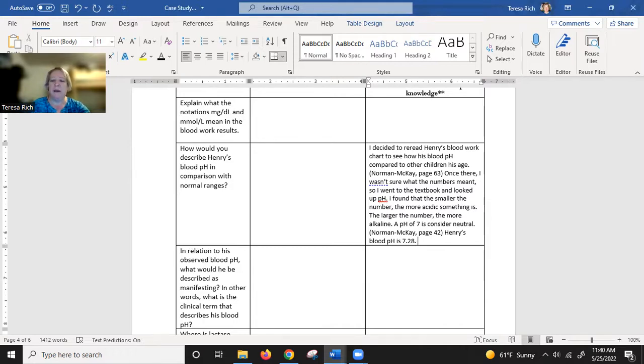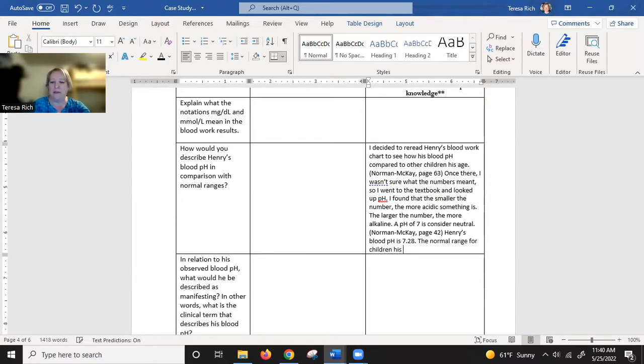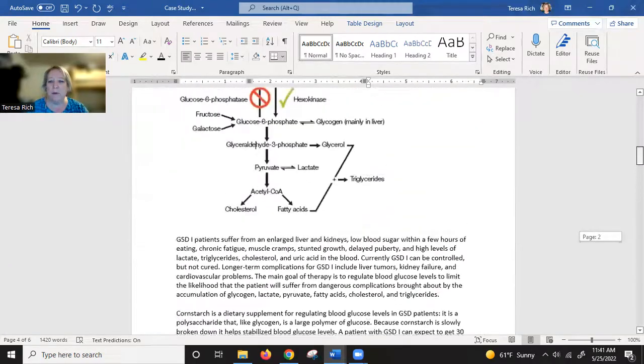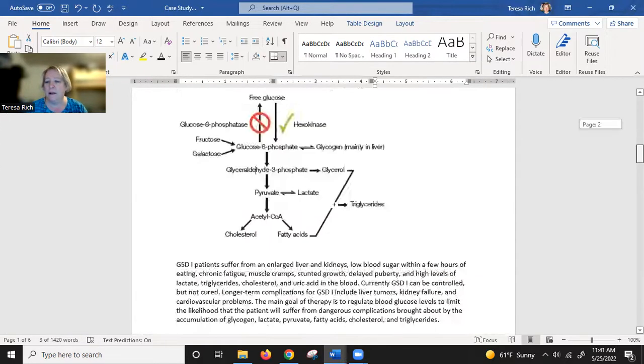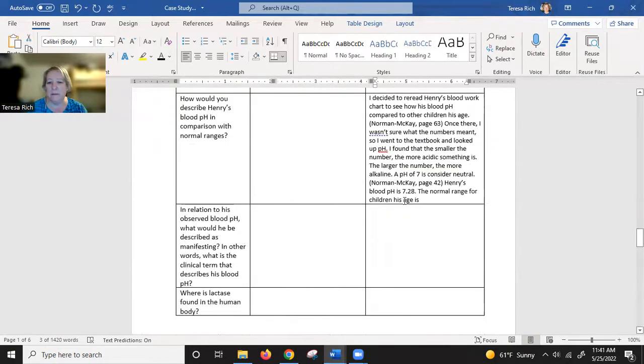And then I'm going to put normal range for children is, and rather than trying to remember what the normal range is, I'm just going to copy this and paste it. Okay, so I got all of this from page 63 from the actual case study.